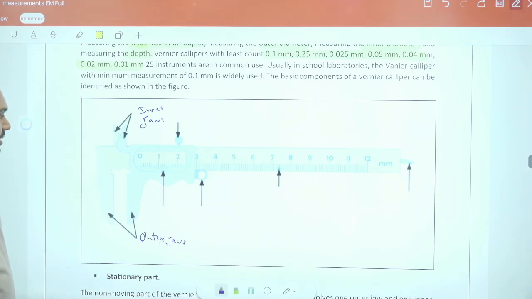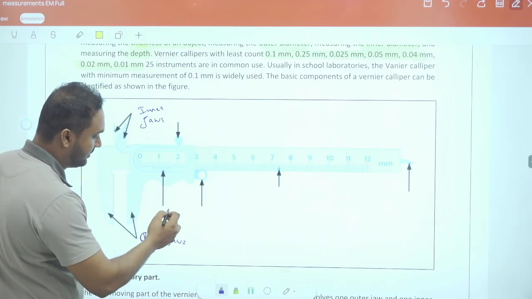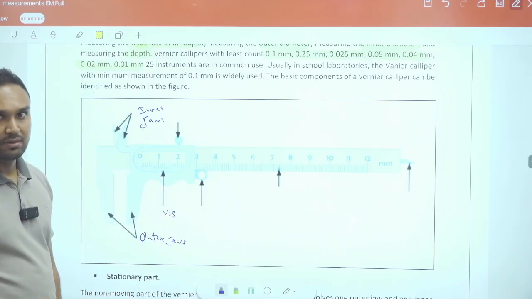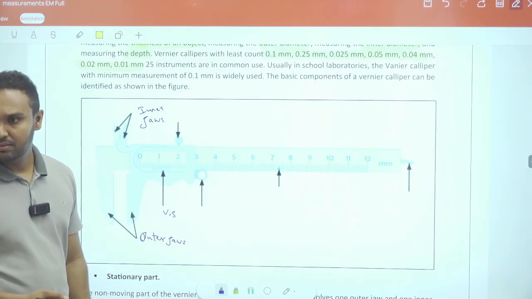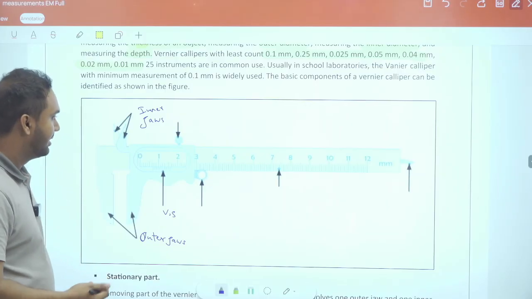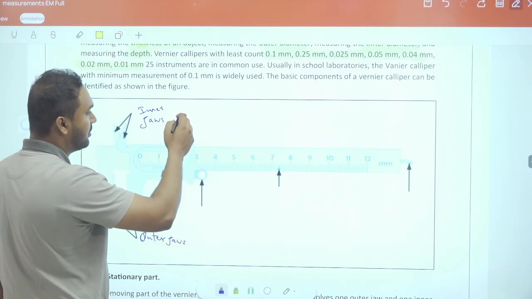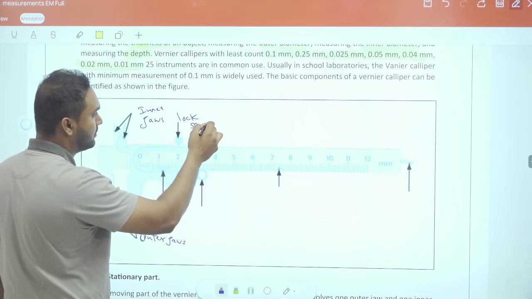And this is what? The vernier scale. Write the full sentence, vernier scale. You don't have to label it. And what do you call this one? It's the lock screw.